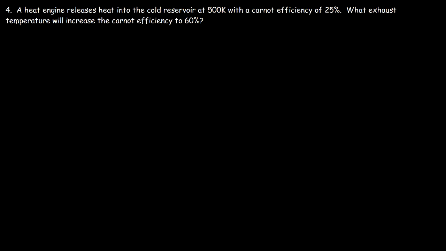Number 4. A heat engine releases heat into the cold reservoir at 500 Kelvin with a Carnot efficiency of 25%. What exhaust temperature will increase the Carnot efficiency to 60%? Well, let's write down the information that we know. So right now, the efficiency is 25% or 0.25 when the exhaust temperature, the cold temperature, is 500 Kelvin.